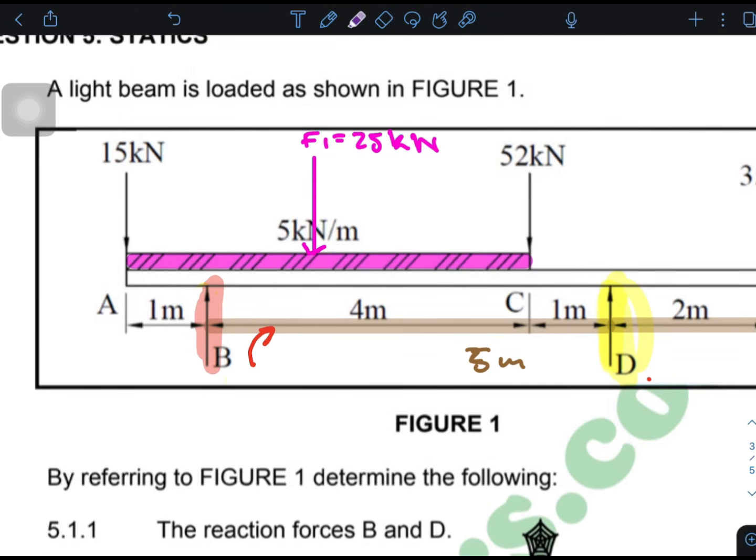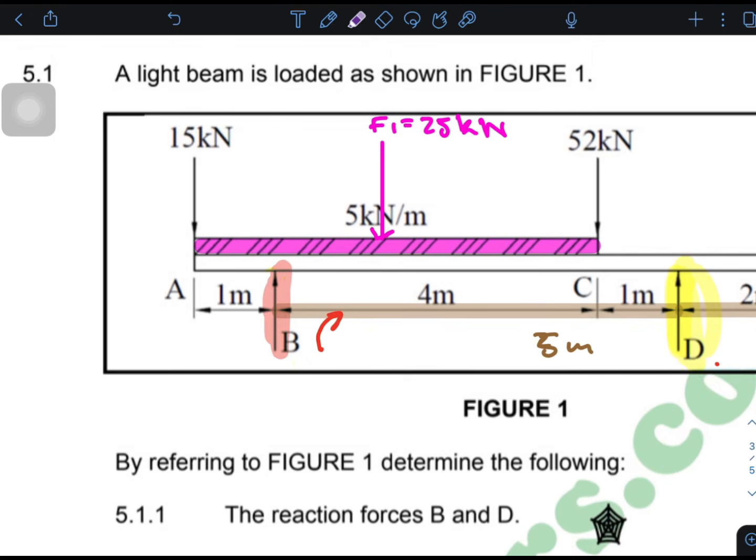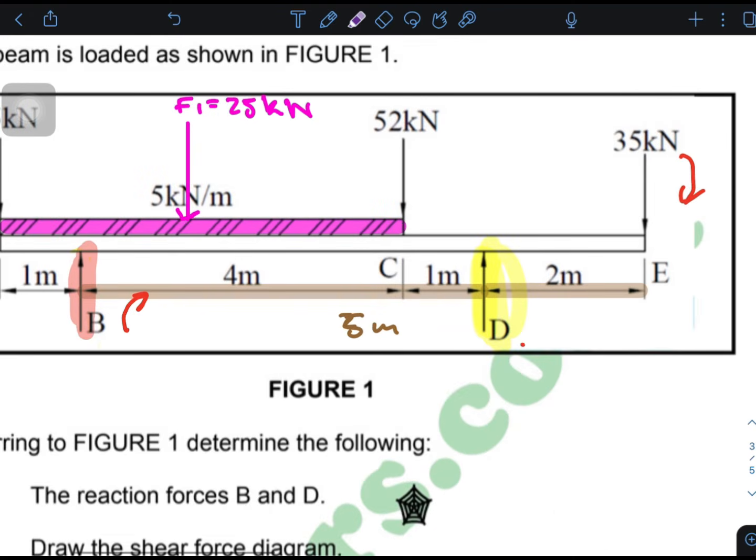If I'm gonna start with the 52 kilonewton, usually guys, when I do this, to be simple, it's best to start with the force that is closest to the turning point.